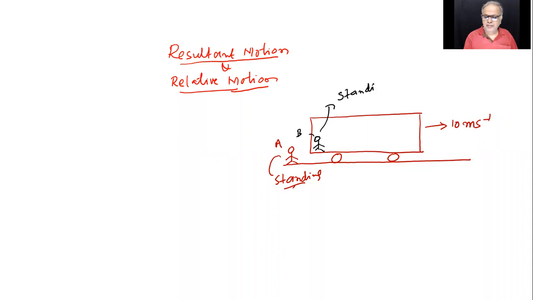Now, both of them watch one person C moving like this. This person C is moving with, say, 0.5 meters per second.